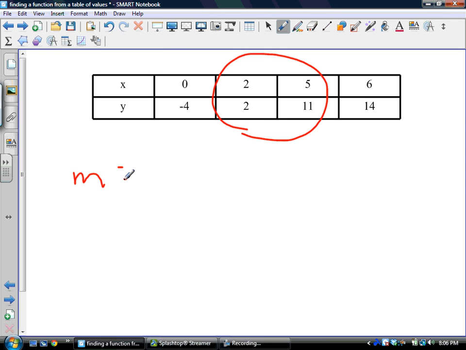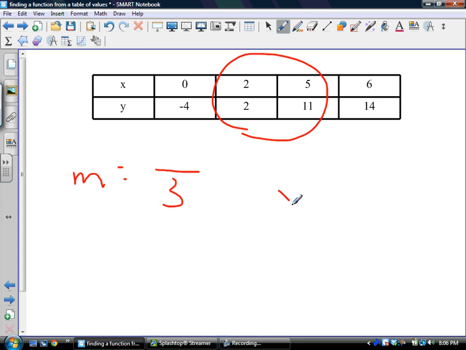So m, 2 to 5, that went up 3. That's my change in y. I'm sorry, put that in the wrong spot. That's my change in x. That needs to go on the bottom. 2 to 5 is 3, but that's my x's. So on the bottom is my change in x.